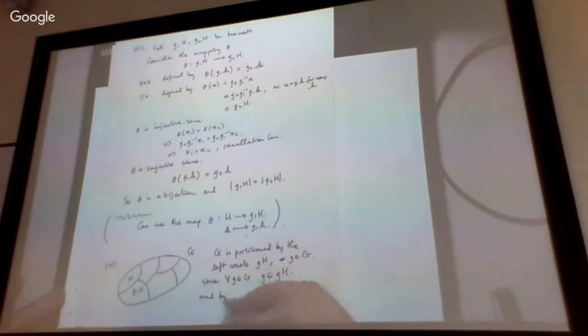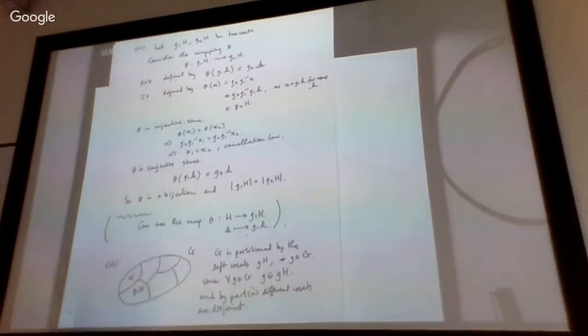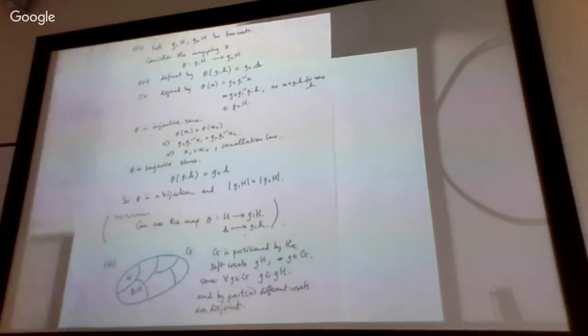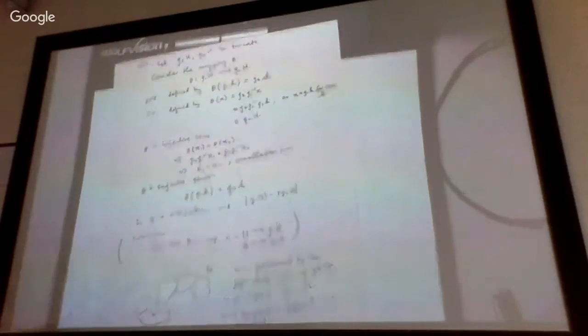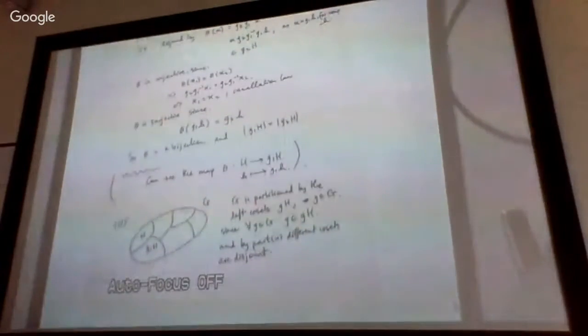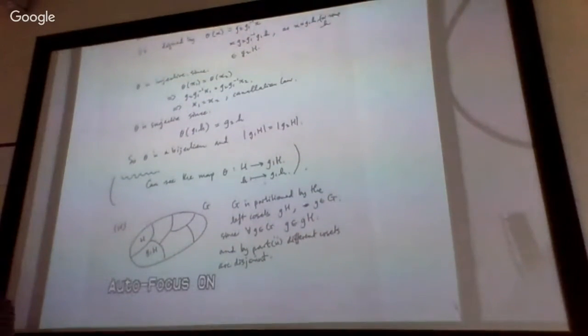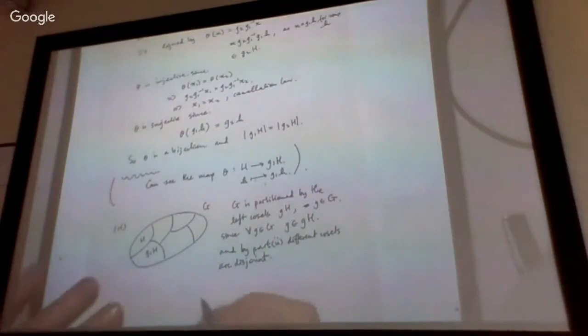And by part 2, different cosets are disjoint. So that establishes that it's a partition. Agreed?